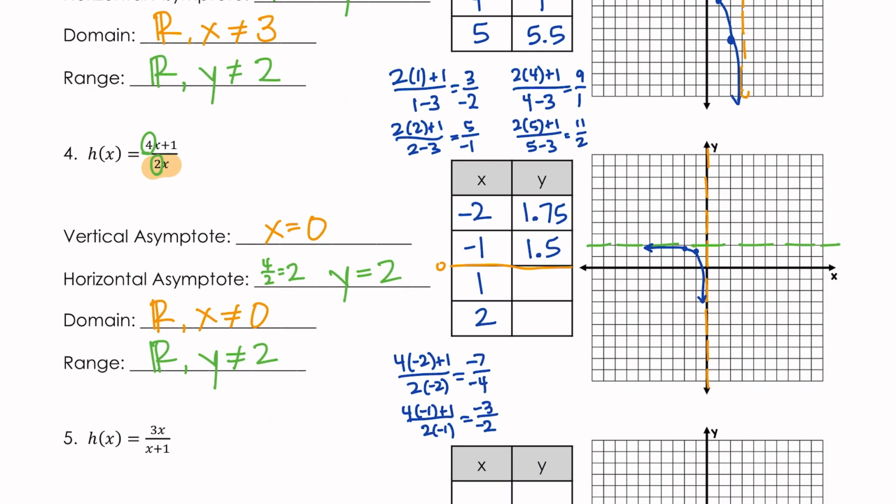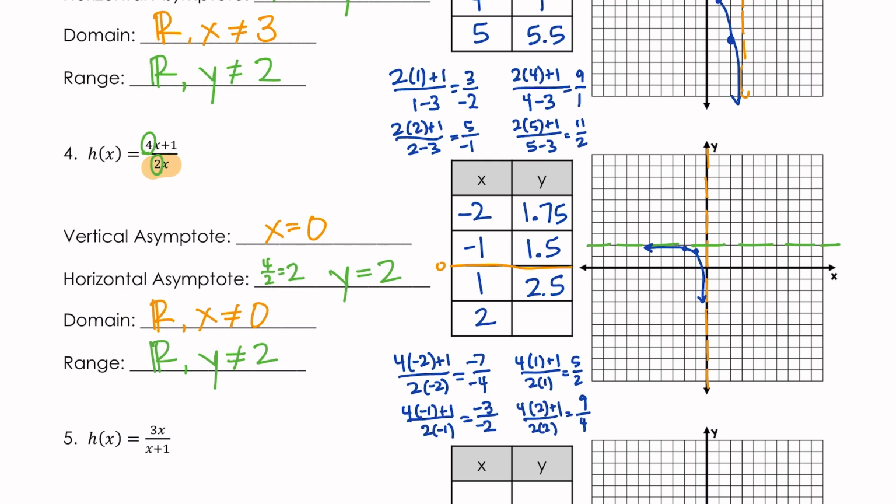All right, plugging in positive 1 and positive 2. So for positive 1, I have 4 times 1 plus 1. That's 5 in the numerator over 2 times 1, which is 2. So 5 halves is 2.5. And then our last one, 4 times 2 plus 1, that's 9 over 2 times 2, which is 4.